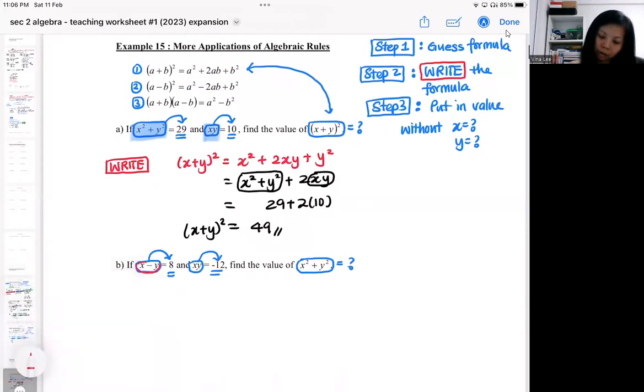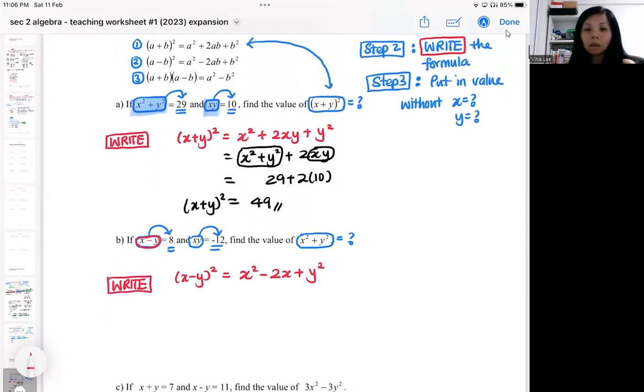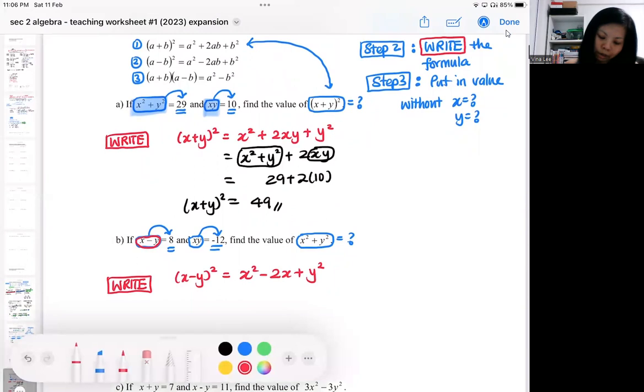So I'm going to write down formula 2. I write it as it is. After I write it as it is, I'm going to insert the values.